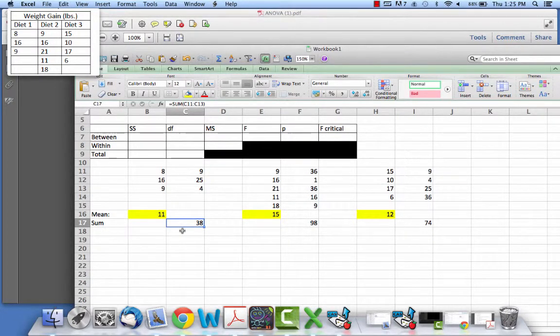Okay, so this is SS with N here. Now I'm going to do the sum of squares total. Oh, I guess I need first the mean.